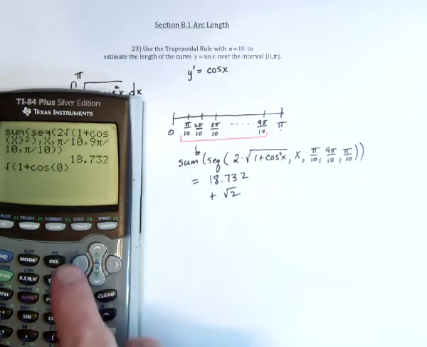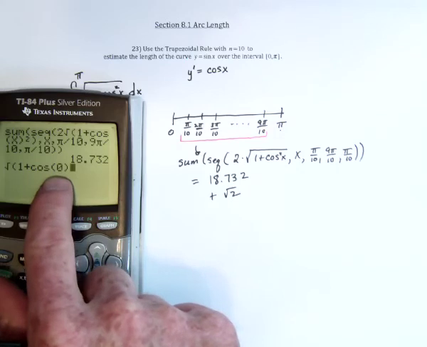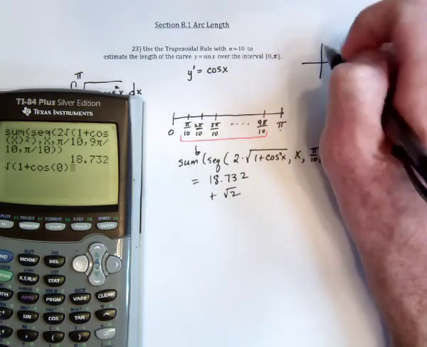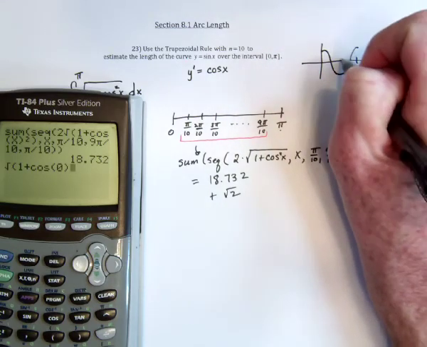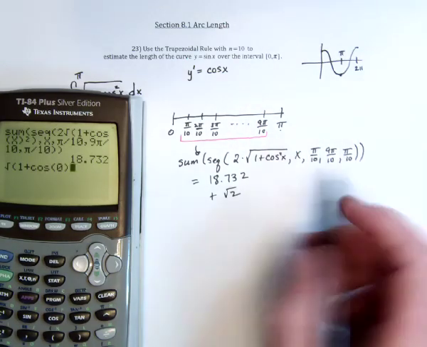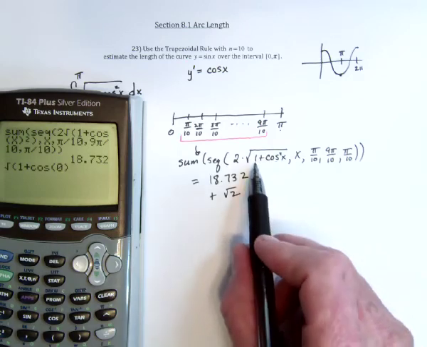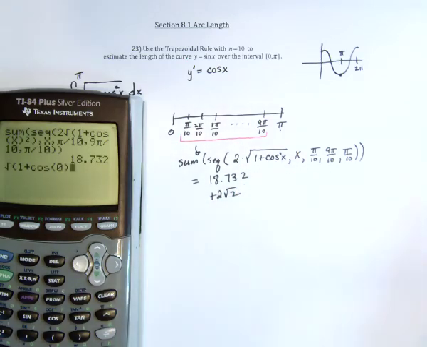And what about when you do this with pi? So cosine of pi, cosine graph looks like this. This is 2 pi. So cosine of pi is a negative 1. But then it's got to be squared, so it becomes a positive 1. So that means it's another square root of 2. So we have to add in 2 square root of 2's.